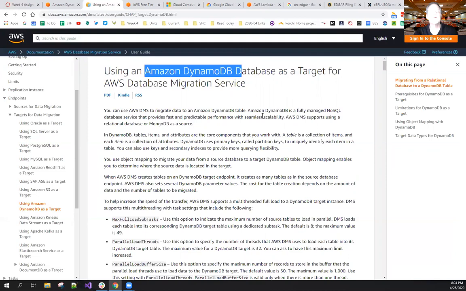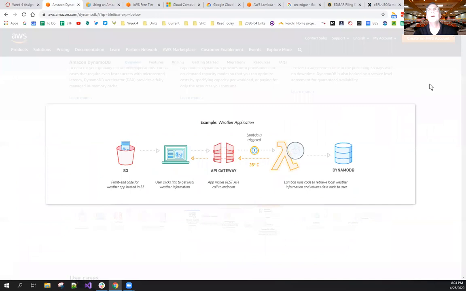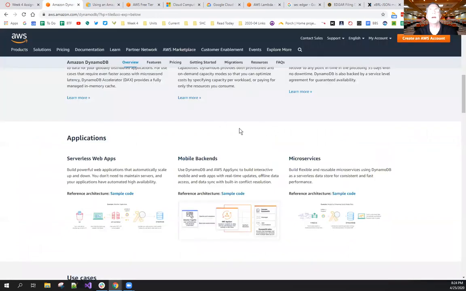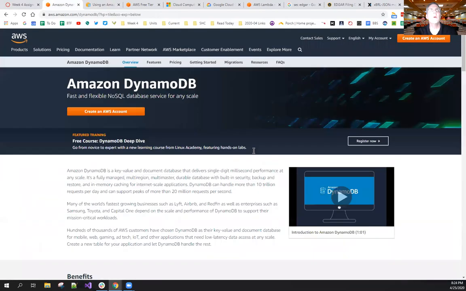All right, so I'm feeling really good about all that. We are re-architecting our application. We are going from, let's say, a server-based setup, where we have our apps running on a server, reading and writing to a MySQL database, and we're moving to the cloud, and we're going to convert to serverless, get rid of our servers.